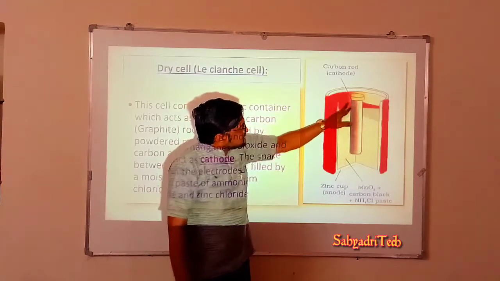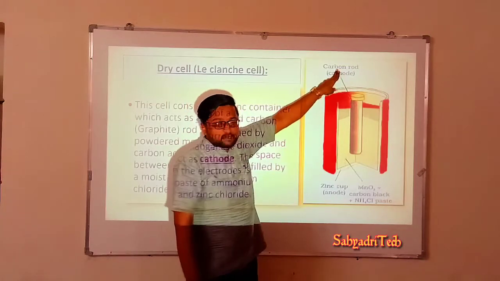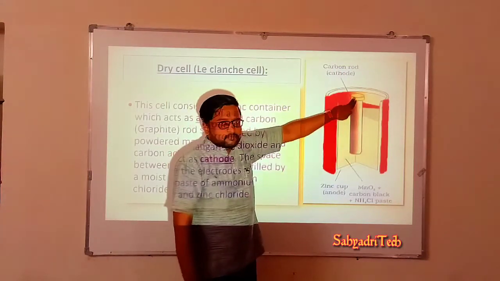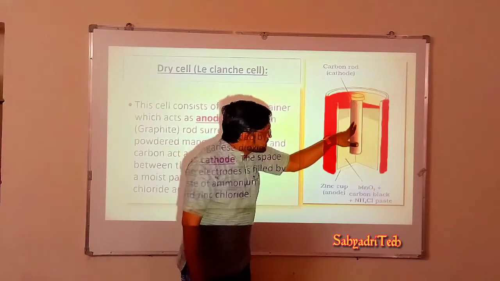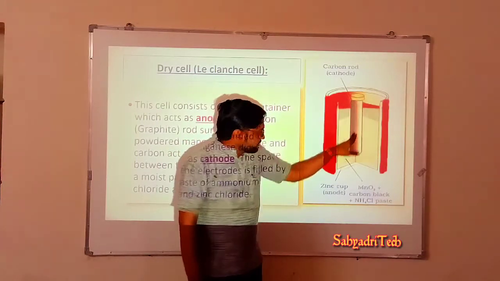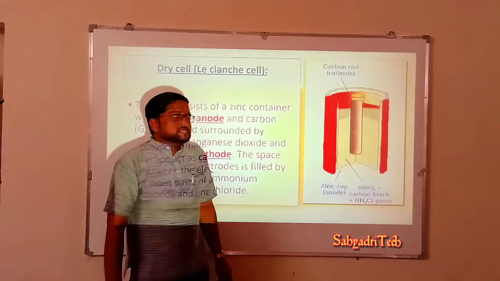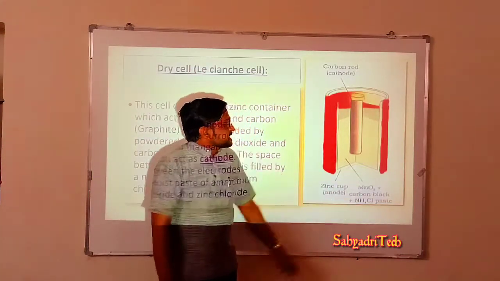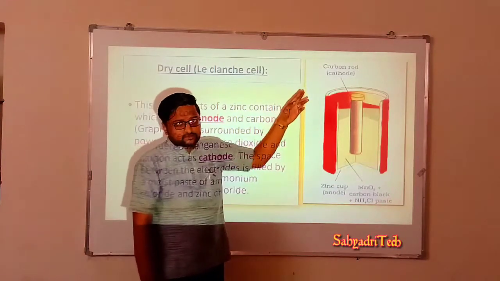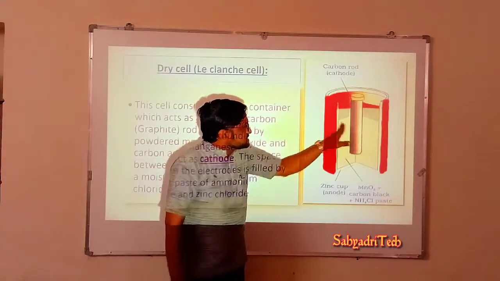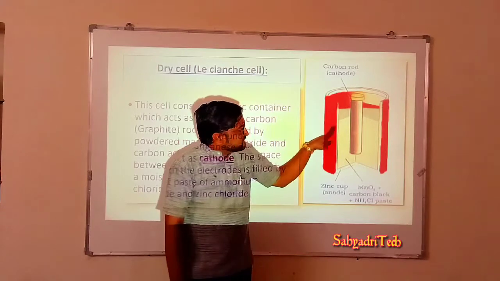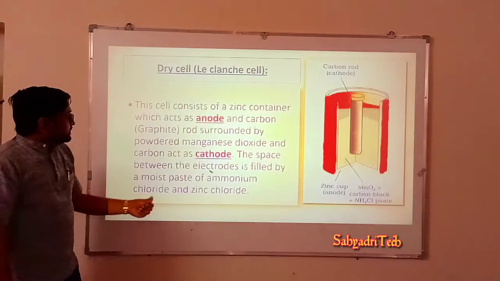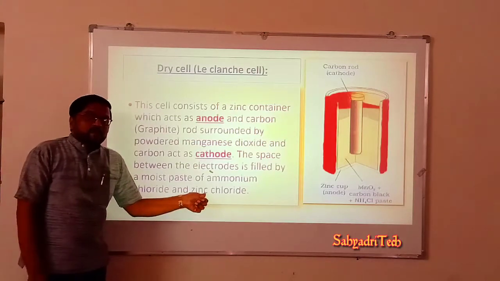At the center of this container, what is placed? A carbon rod, or I can say graphite, a black colored graphite rod with a cap. This graphite rod is surrounded by a paste of manganese dioxide and carbon black, which acts as the cathode. And in between the zinc container and the graphite rod, what is placed? A paste of ammonium chloride and zinc chloride.